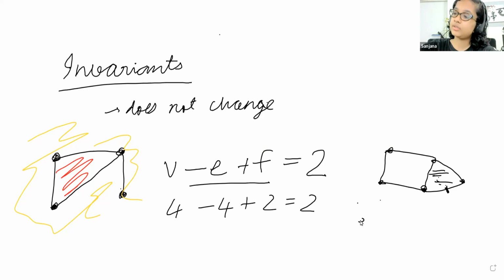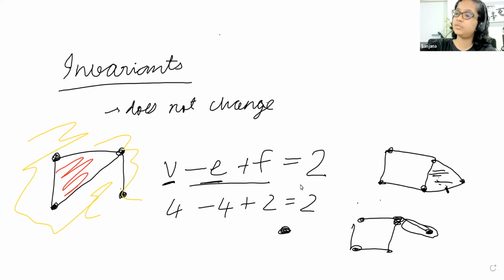Or you can remove a vertex and the edge connected to it, so you don't leave any edge hanging. Here you're removing a vertex and an edge, so again it remains the same. You keep doing this until you have, say, one vertex, where it's easy to show that it's 2. That way you can show it's constant.